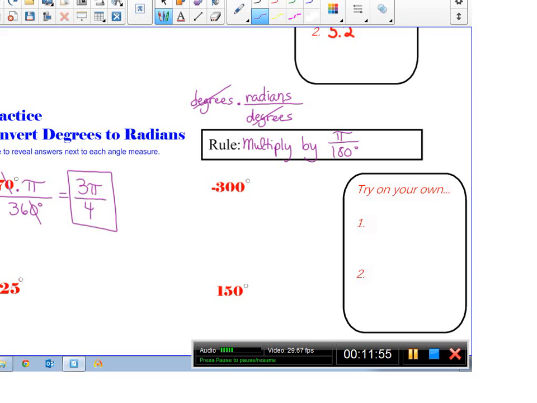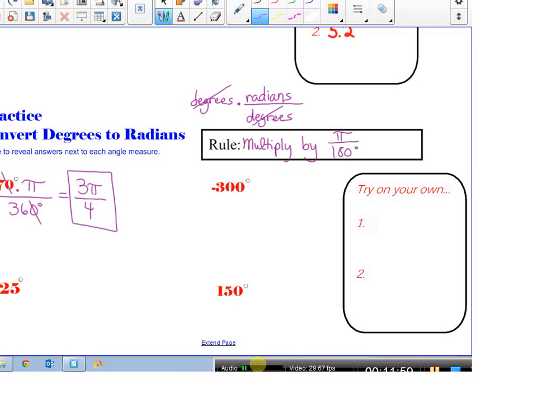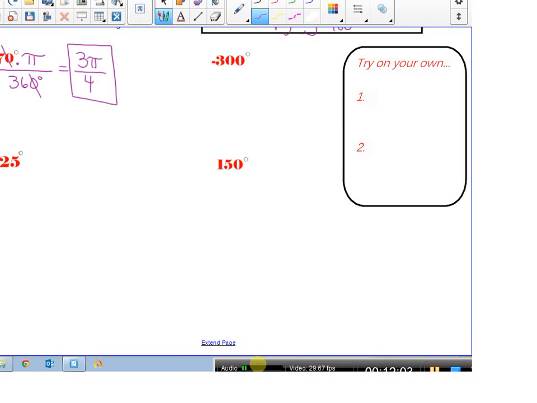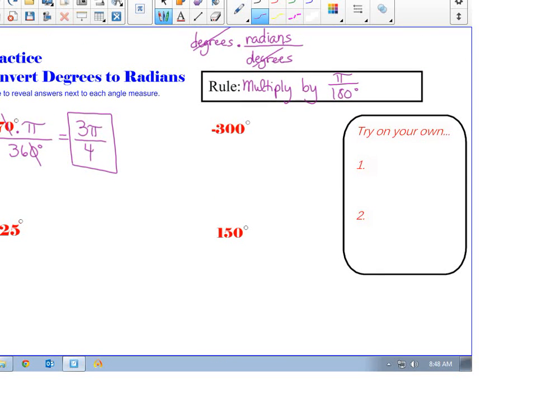225 is next. 225 degrees times pi divided by 360. Want to see if the fraction can be reduced.